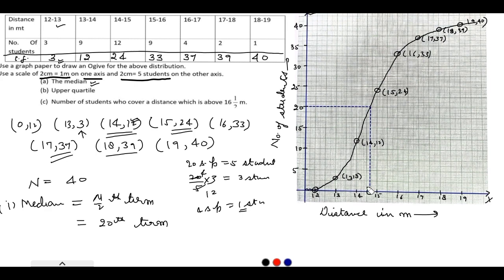Now calculate this. On the x-axis 2 centimeter is equal to 1 meter, means 20 small parts is equal to 1 meter.